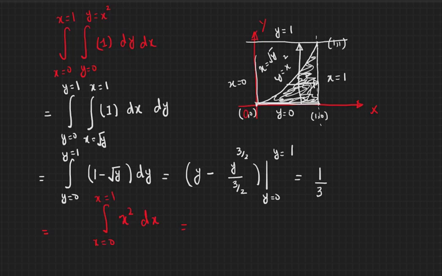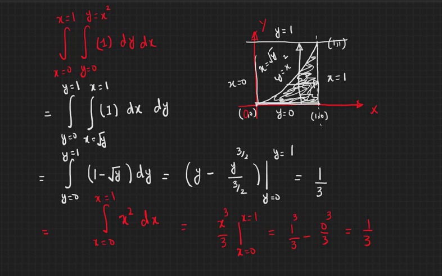Integration of x square with respect to x, that would be x cube over 3, taking the limits of integration, x is equals to 0 to x is equals to 1, applying the limits of integration, 1 cubed over 3 minus 0 cubed over 3, hence the answer is 1 over 3.